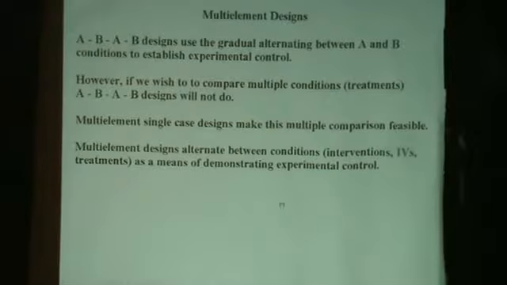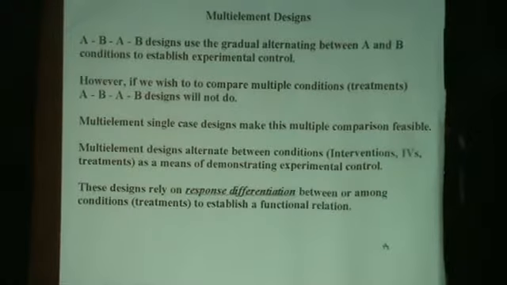Multi-element designs alternate between conditions, or interventions, or independent variables, or treatments. The interventions are alternated back and forth as a means of demonstrating experimental control, and experimental control relies on response differentiation. In other words, there needs to be a distinct difference between how participants respond to one treatment as opposed to how they respond to the other.